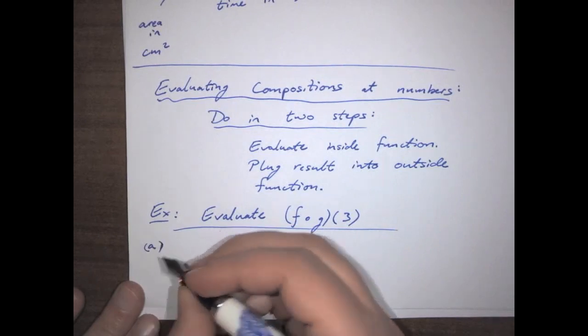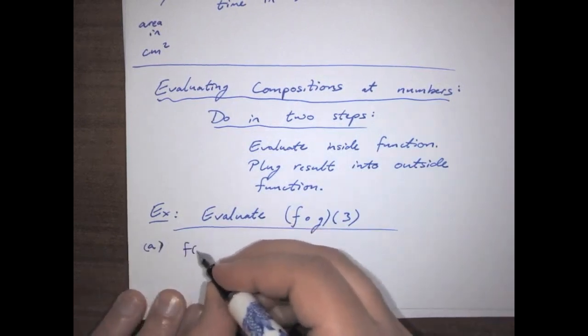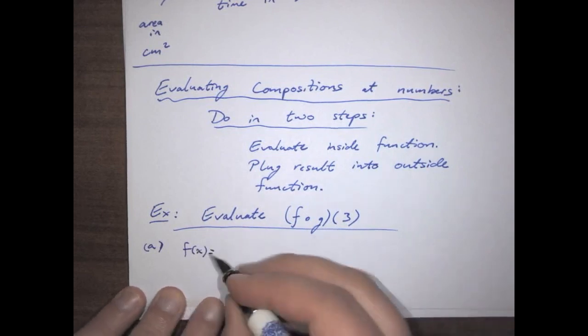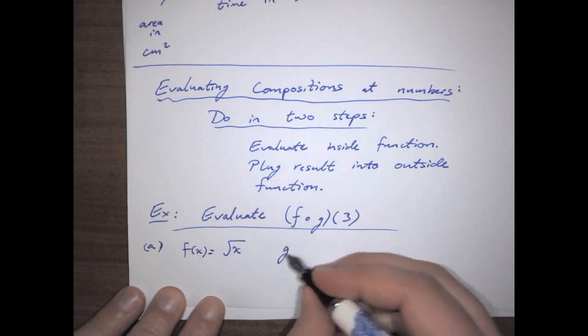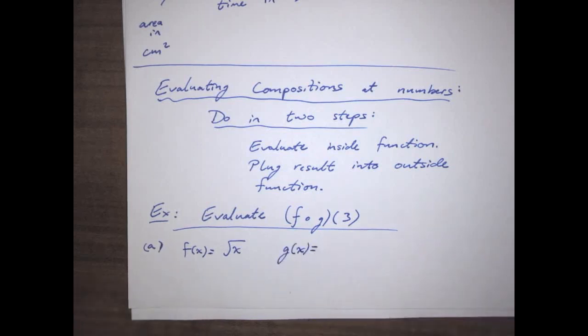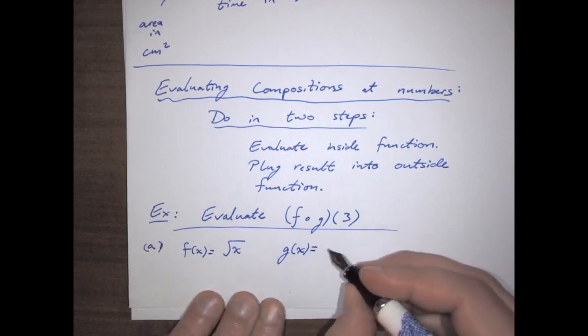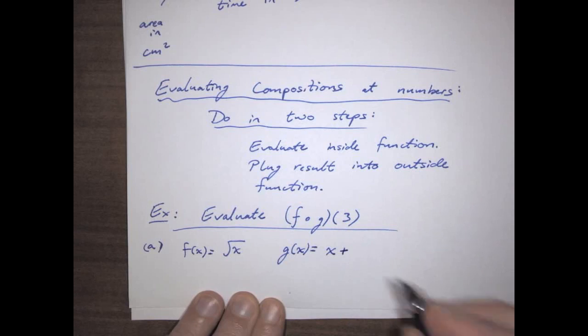So first off, let's take as our f, let's take this to be square root of x. For our g of x, let's take that to be equal to x plus 6.